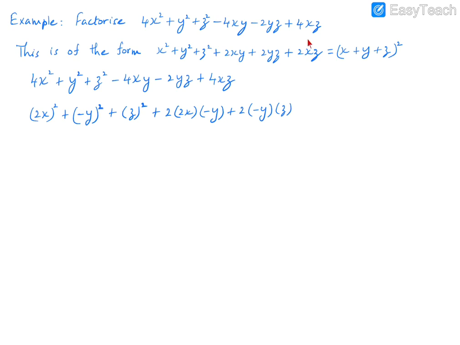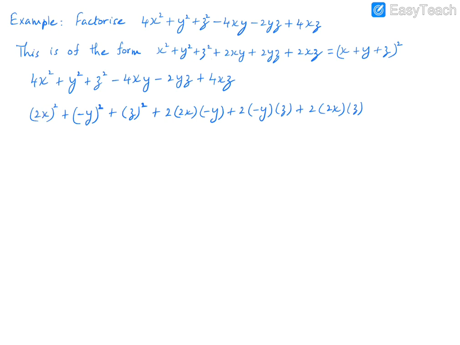2yz. And then the final term is 2xz, so that will be plus 2 times x, in place of x we have 2x, and in place of z we have z as it is. Okay, so now if we compare this with our identity, we have it in the form we need.